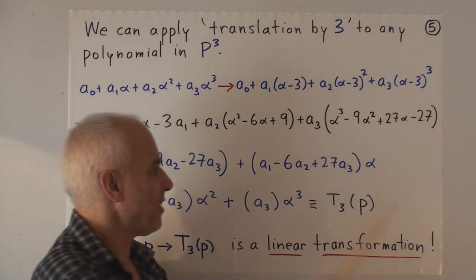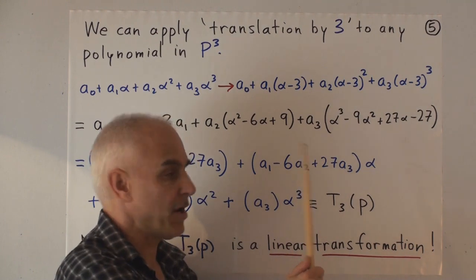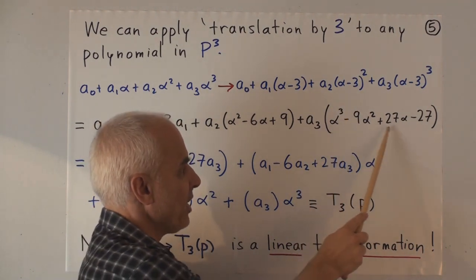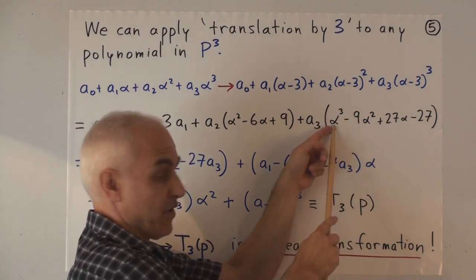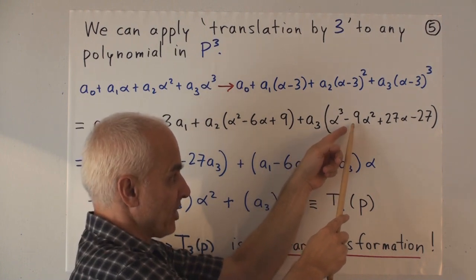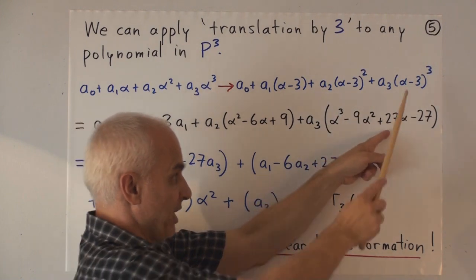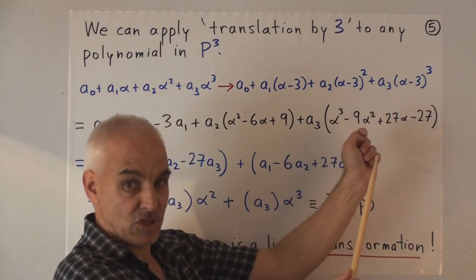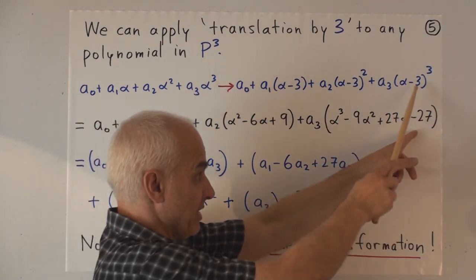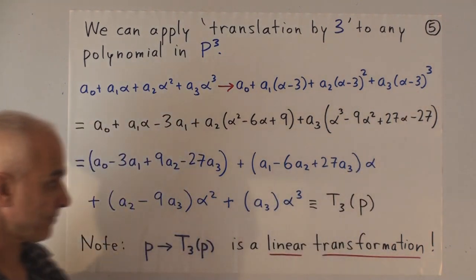I remind you that's the binomial theorem occurring here with coefficients 1, 3, 3, 1. So it's alpha cubed, and then plus 3 times alpha squared times minus 3, plus another 3 times alpha times minus 3 squared, and finally plus minus 3 all cubed.